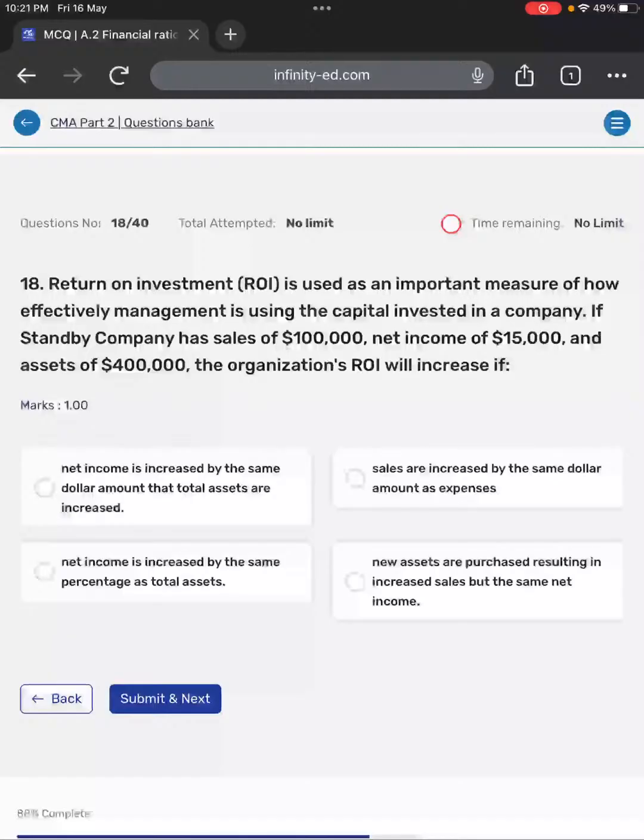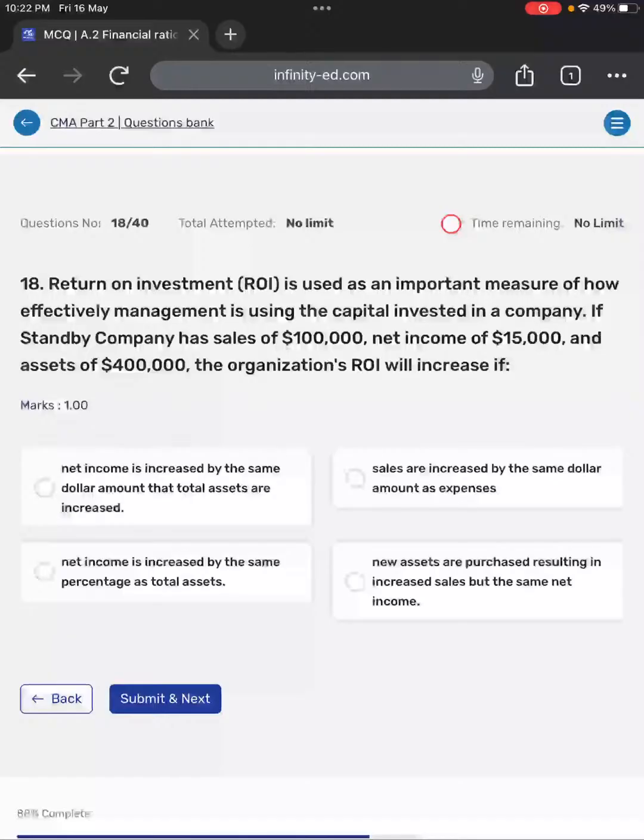The new rate of return on investment will be 25,000 divided by 410,000. What will be the ratio? This comes to 6.1%. This ratio increases. This is the possible correct answer. Net income is increased by the same dollar amount that total assets are increased.